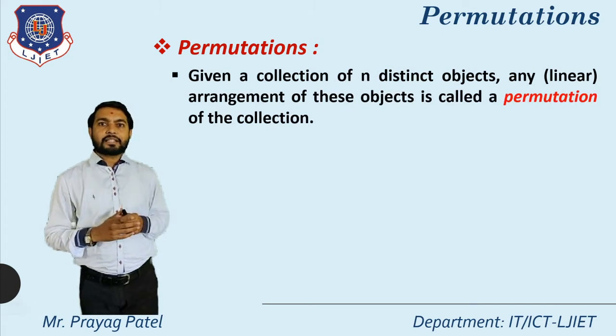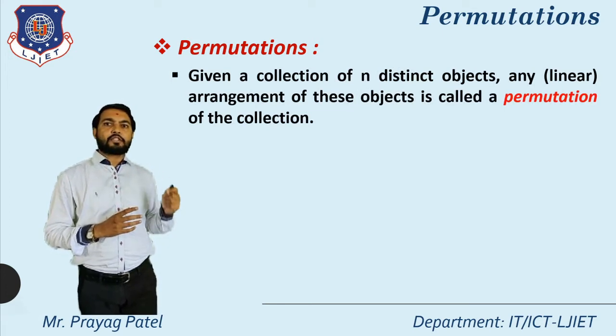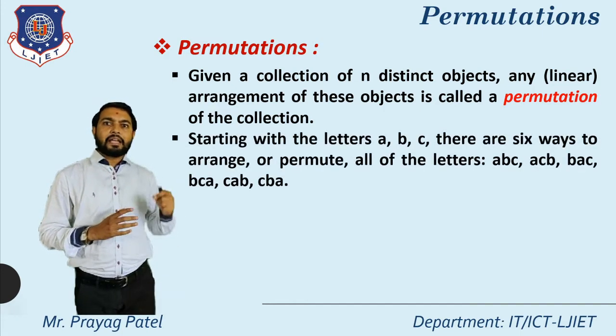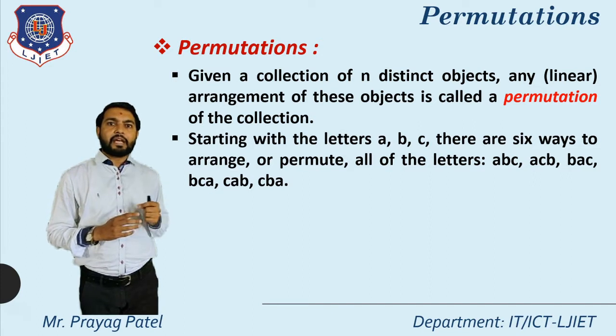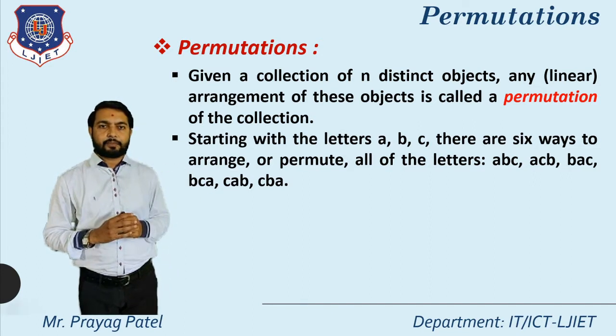Now, given a collection of n distinct objects, any arrangement of these objects is called a permutation of the collection. So for the letters A, B, C, there are 6 ways to arrange or permute all the letters.